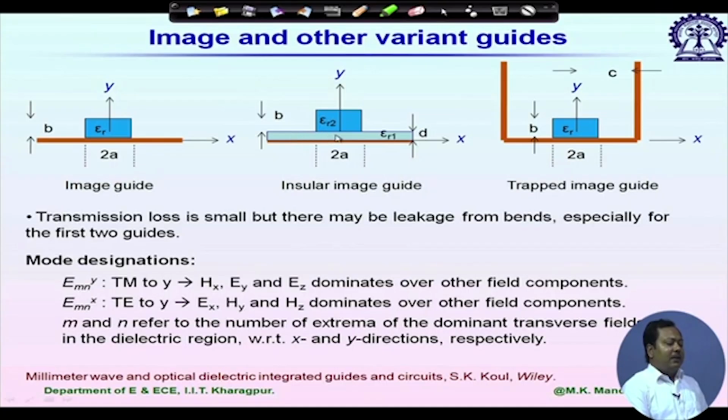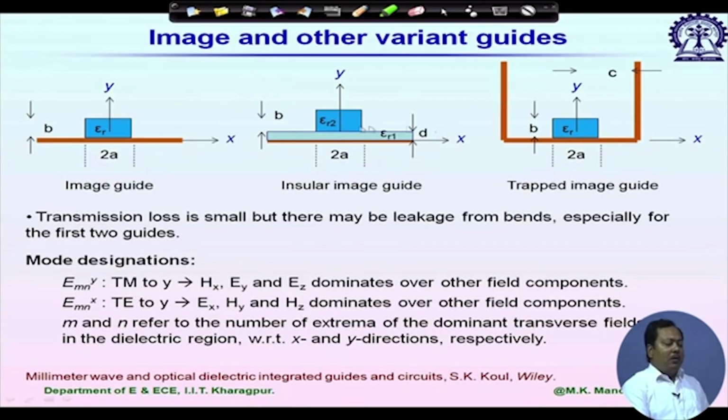The first layer of dielectric material has dielectric constant epsilon r1, and over it we have the channel of dielectric constant epsilon r2. In the third example we have the trapped image guide. The only change from the first one is that we have packaging, so we can minimize the crosstalk between two different channels.